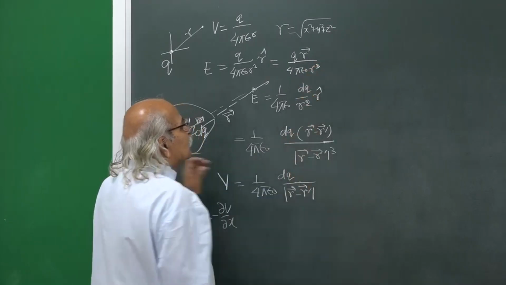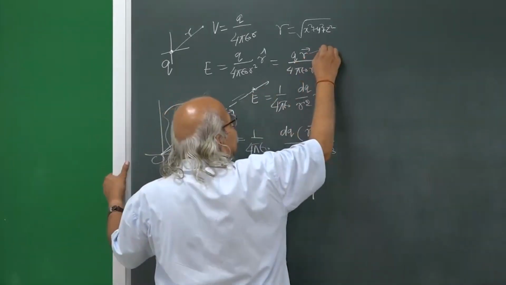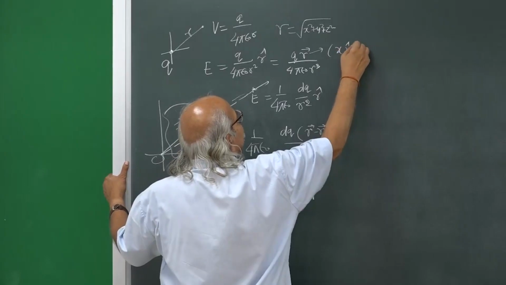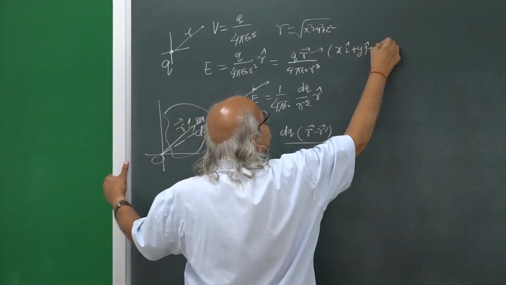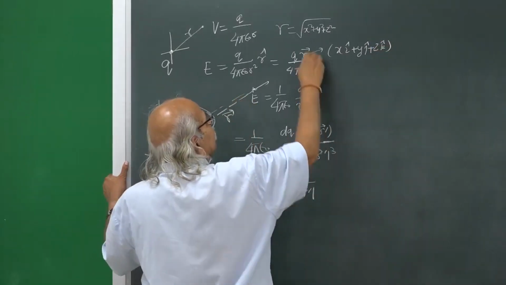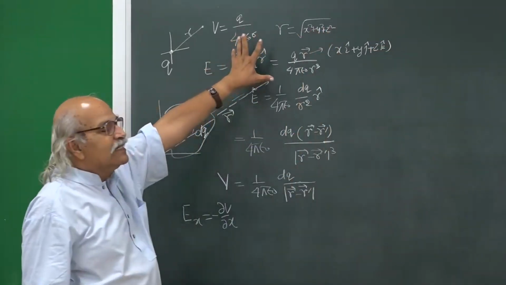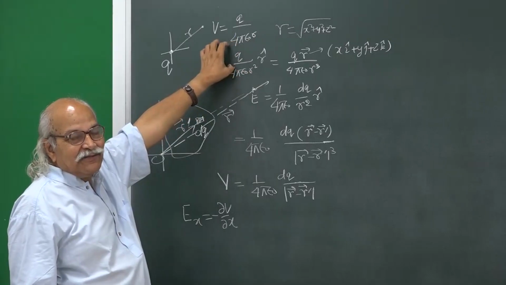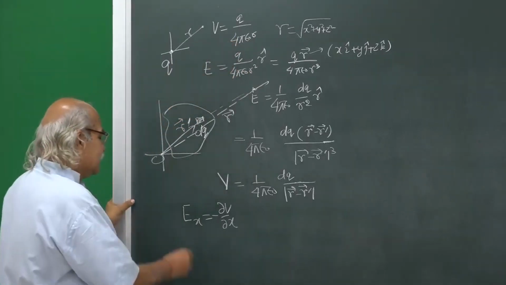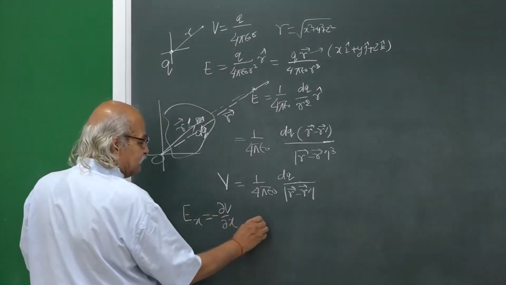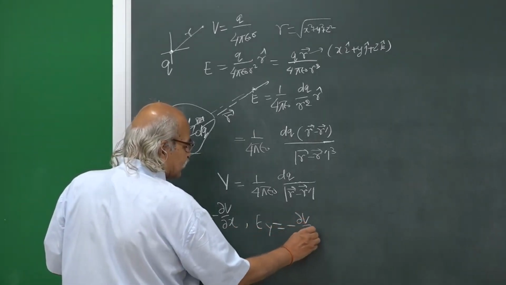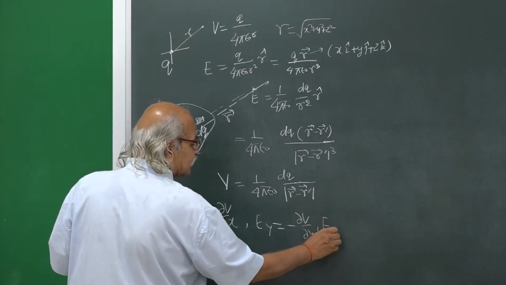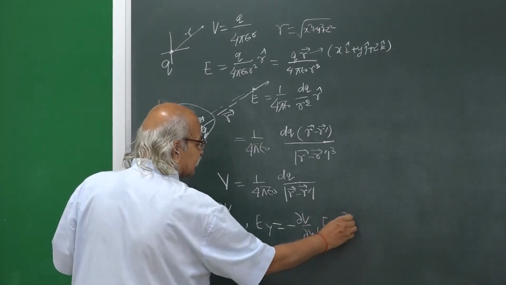Once again this r can be written as x i cap plus y j cap plus z k cap. Everything can be written in terms of x y z, and you can verify that Ex will be this, Ey will be minus del v del y, and Ez will be minus del v del z.